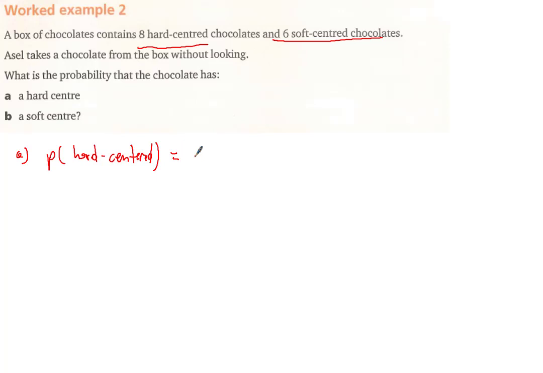is what is the number of all successful outcomes? In this case, our successful outcomes means to get a hard-centered chocolate. Well, there are 8 hard-centered chocolates. And how many chocolates are in total? Well, in total are 8 plus 6, 8 hard-centered plus 6 soft-centered chocolates.